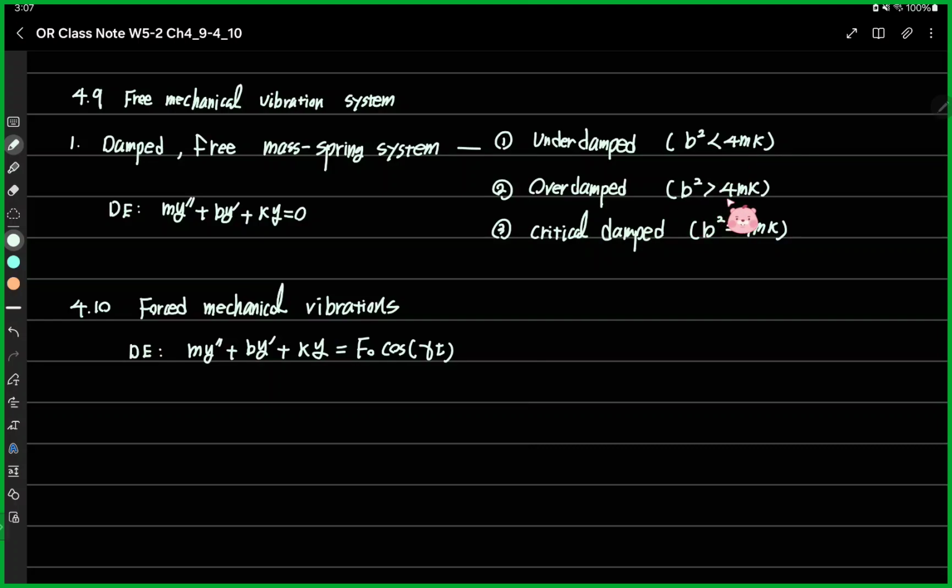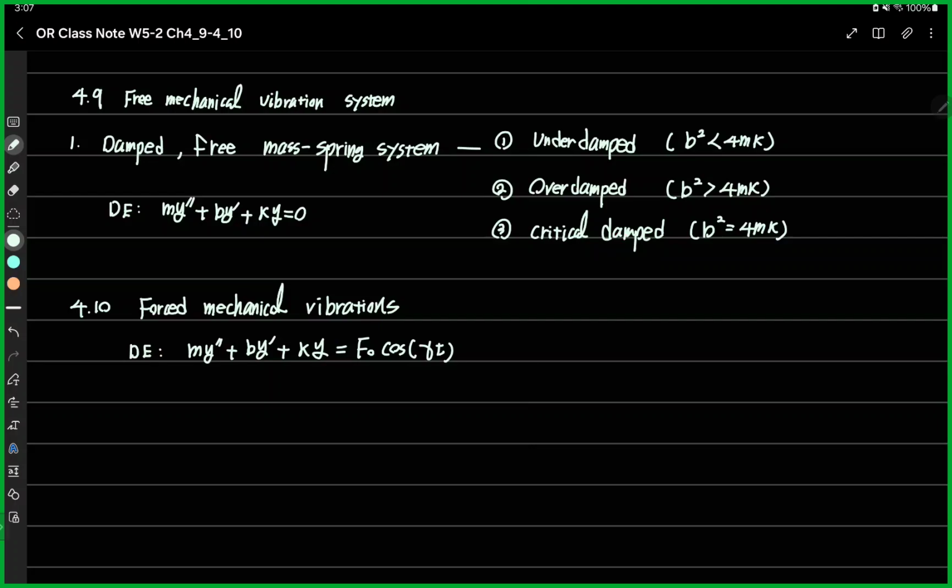And then if b squared is greater than 4mk, then we expect two real roots. So this is a simple root, this is a double root. Double root means that, in engineering, the spring force is equal to the damping force. In this case also, we're not going to expect that there will be vibration.